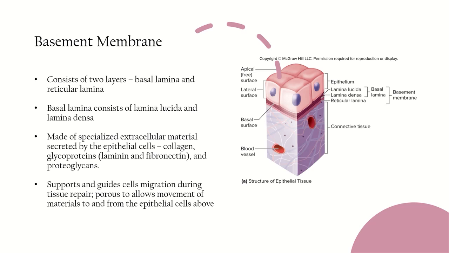There are glycoproteins like fibronectin and proteoglycans as well. All of this is to say your basement membrane and extracellular matrix are there to support the cells and guide them during migration because of tissue repair. It allows movement, so diffusion of materials to your epithelial cells that are connected to it so they can live.